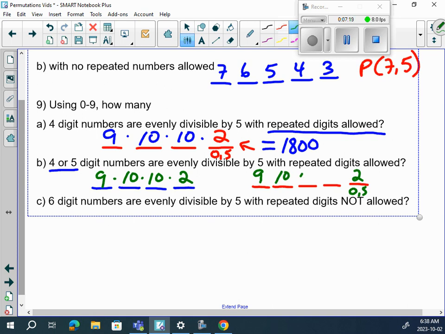And then a bunch of 10s in here. So this was 1800. This one's going to be 18,000, I would say. Hopefully I'm not messing this up. And so that is 19,800.